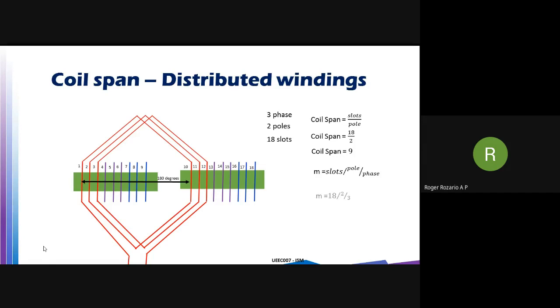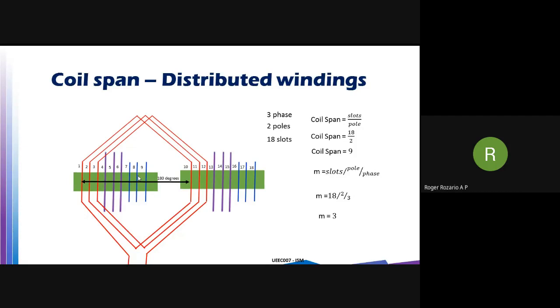My value of M is 3. Correct. So there will be 3 conductors grouped to form one coil, and one more 3 conductors grouped to form another coil: R phase, Y phase, and B phase.